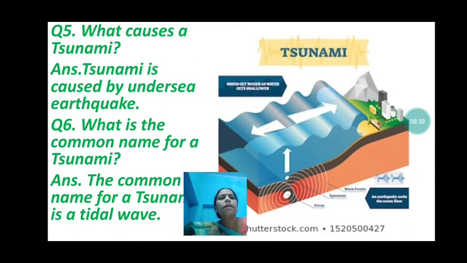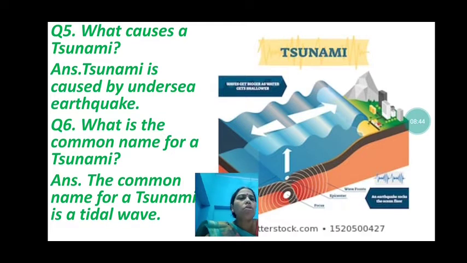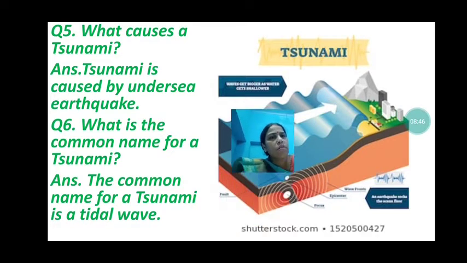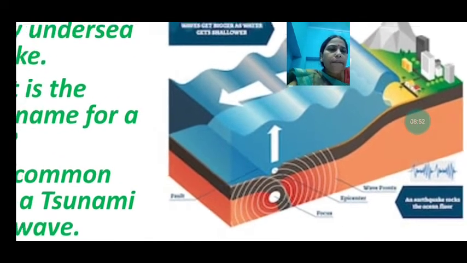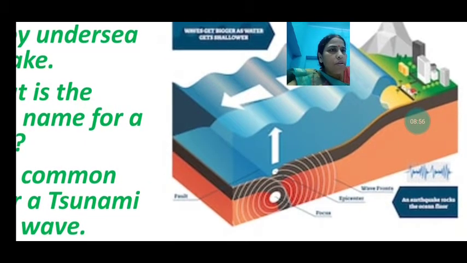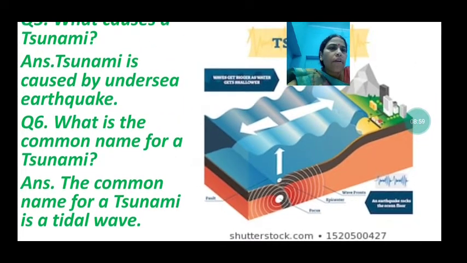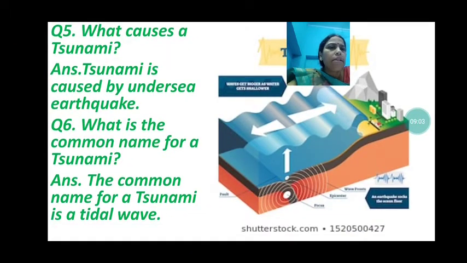Now, the next question is, what causes a tsunami? So, a tsunami, how is it caused? A tsunami is caused by an undersea earthquake. You can see in this picture, there are tectonic plates present in the earth. So what happens?